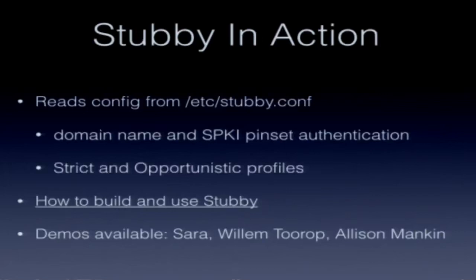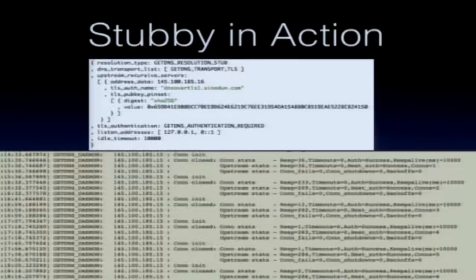And if anybody's interested in actually getting hands-on with this, then come and find me, or Willem Toorop or Allison Mankin, who are busy hacking at the moment in the hackathon. But any of us would be happy to give you a tour of this. So that's a simple configuration file, and if you really care, you can set it up to do minimal logging, and you can actually watch it as it feeds your DNS queries out over TLS connections and see the behavior of those upstreams as it answers your queries.